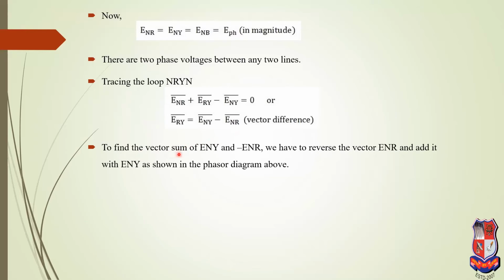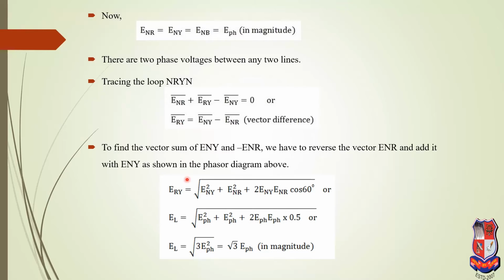To find the vector sum of ENY and minus ENR, we reverse the vector ENR and add it to ENY, as shown in the figure, so that we get the ERY voltage, the vector addition of ENY and minus ENR. So ERY is equal to the square root of ENY square plus ENR square plus 2 ENY ENR cos 60, according to the parallelogram method.